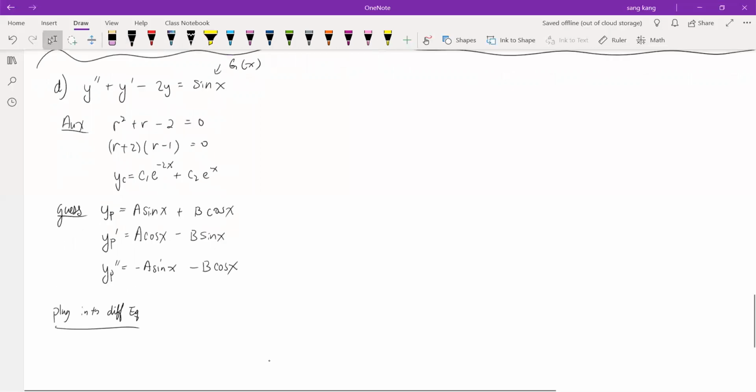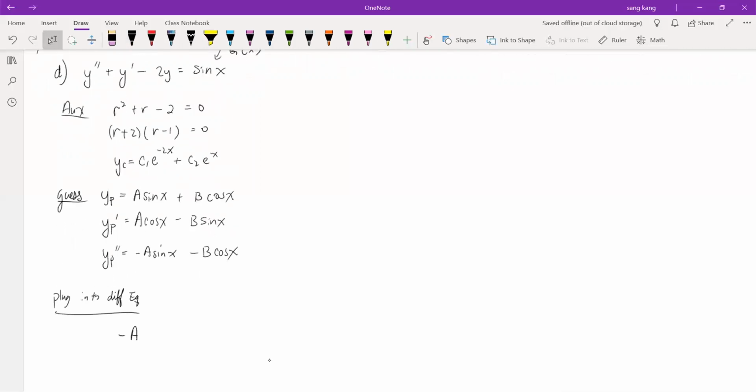Right, so y double prime, negative a sine x minus b cosine x, plus y prime, so a cos x minus b sine x, minus 2 times y, so minus 2a sine x minus 2b cos x, and this equals sine x.